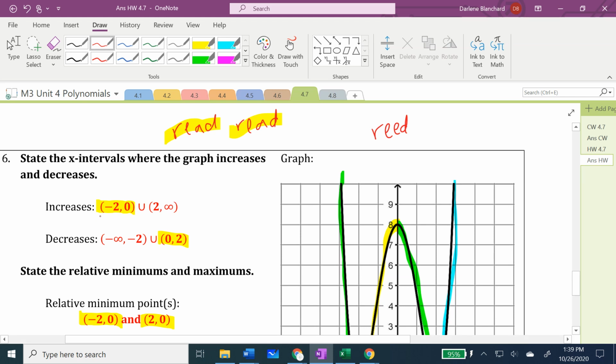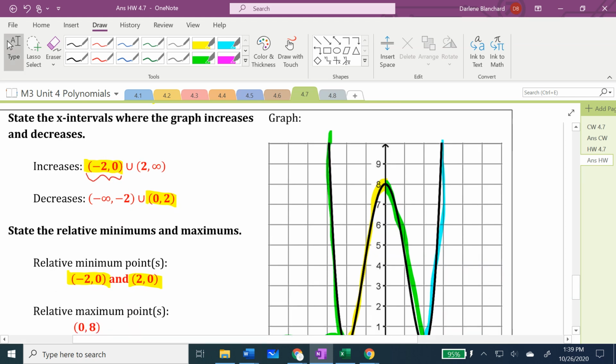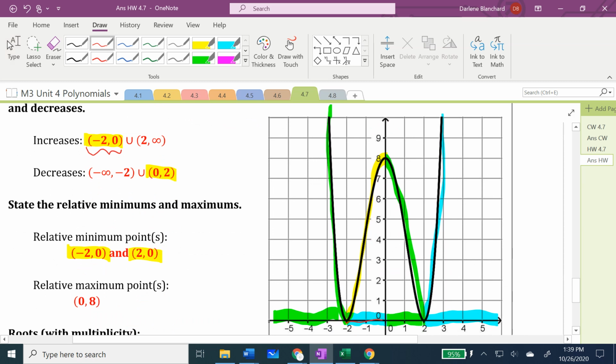If you are saying this is the x interval where it's increasing, it's referring to this region. But over here, this is the point, x coordinate -2, y coordinate 0. And those are two different objects. One is a point, one is a line segment. So you just have to make sure you're clear that you are dealing with different meanings, even though it's written the same way. And be careful with that.